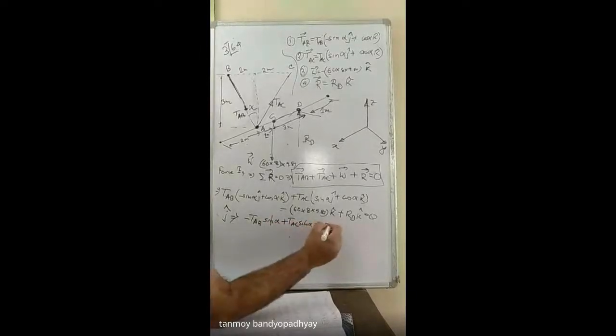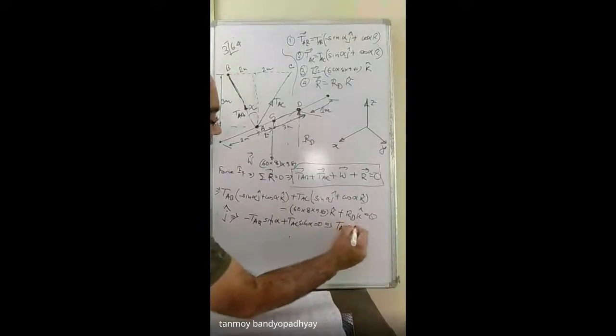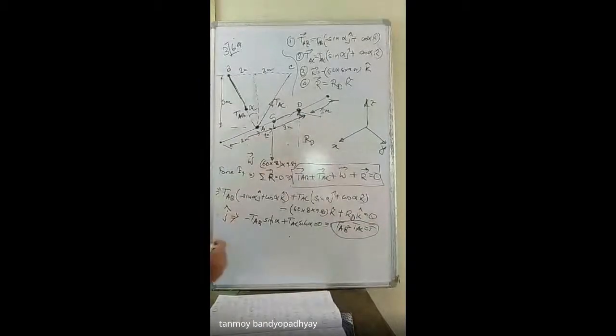Sin alpha cancels out, assuming alpha is not equal to 0. So TAB will be equal to TAC. Let's call it T. You can also derive it once you know the force system is symmetric, so TAB and TAC will be the same. It's symmetric.